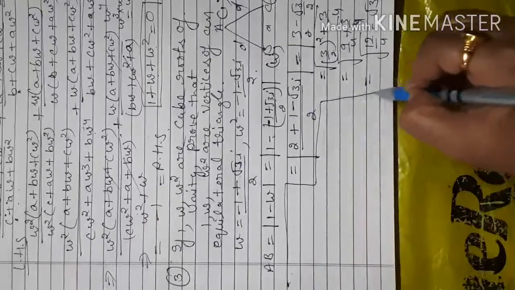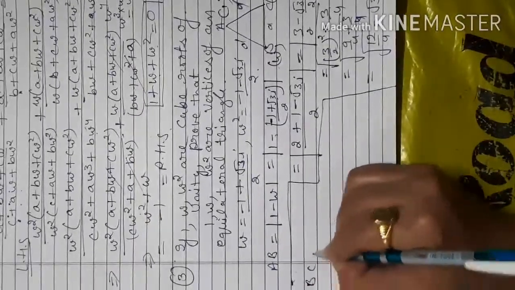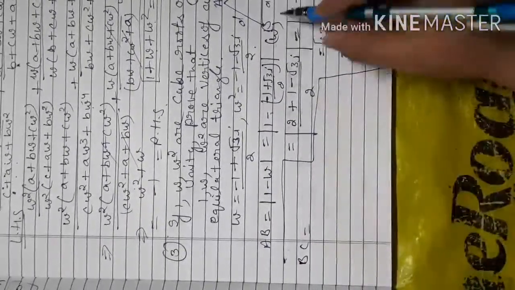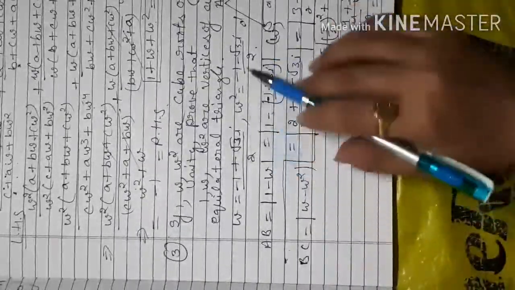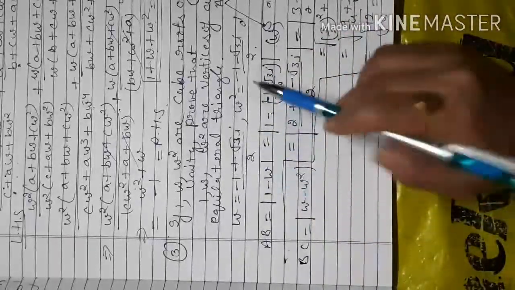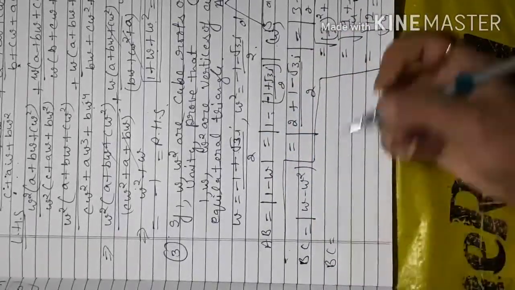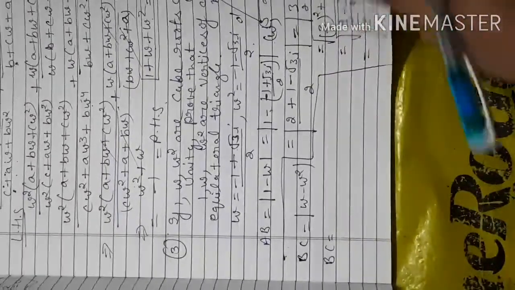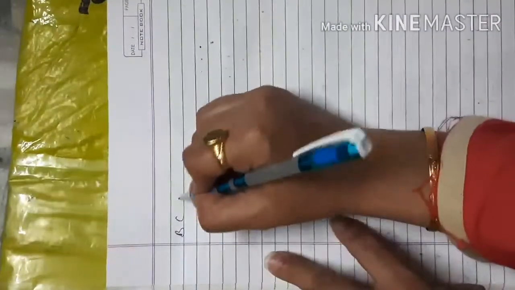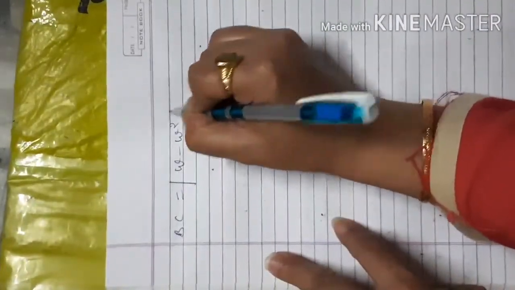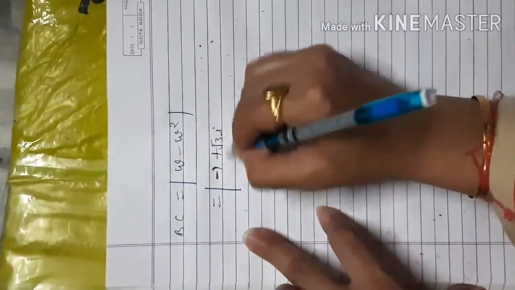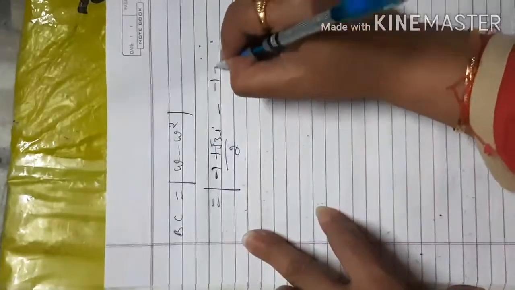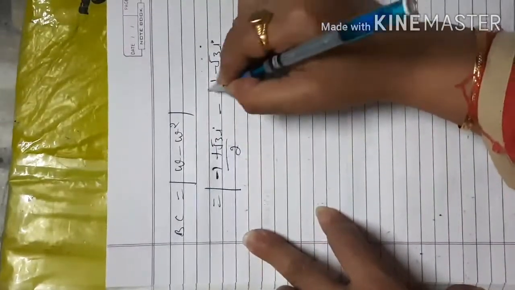Now I go further. Similarly, for BC, the modulus of BC is the modulus of omega minus omega square, so you have to subtract these two. I go with the BC value in the next page. In BC, that is omega minus omega square, I apply the exact complex values: modulus of (-1 plus root 3i by 2) minus (-1 minus root 3i by 2).